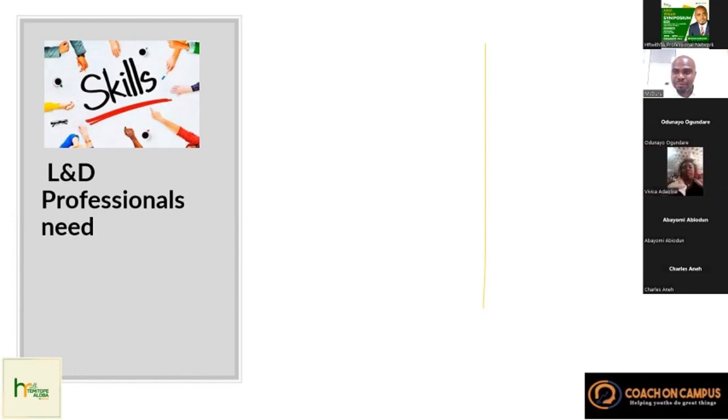Strong planning and project management skills. Strong technology literacy. You will be able to use a good number of tech associated with your job. Strong planning. Comparatively, whether you're in consulting or in manufacturing, the interventions are delivered using project management tools.